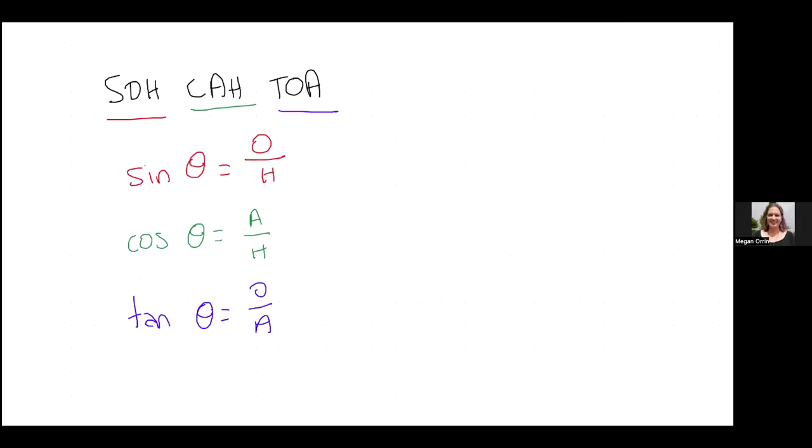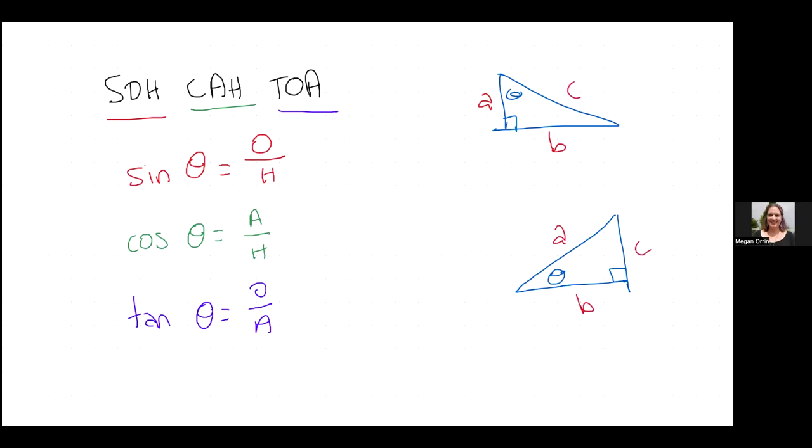Let's just practice making some triangles, making sure we know how to label them. All right, in the top one, I've got A, B, and C. So in the top one, which side is the hypotenuse?